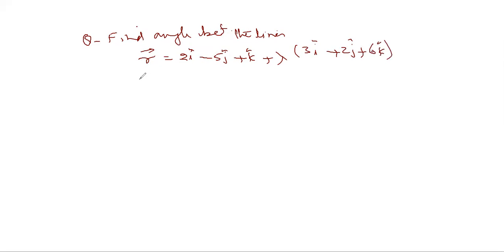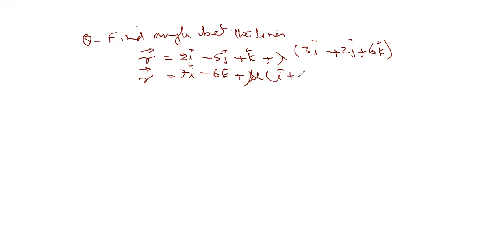That is the first equation. The second equation is 7i minus 6k, there is no j, plus mu times, not lambda times, here you should write mu, when you are comparing two equations, you should write mu and lambda.